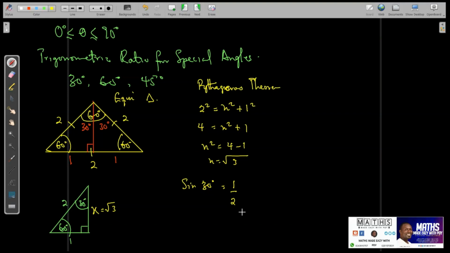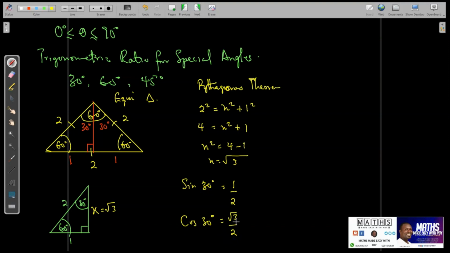This is true. Good. Can we go for cos of 30? Cos of 30 degrees must be equal to the adjacent side divided by the hypotenuse. What is the adjacent value to 30 degrees? It was x, which is root of 3. So root of 3 divided by the hypotenuse, which is 2.